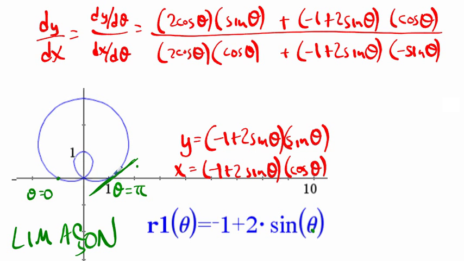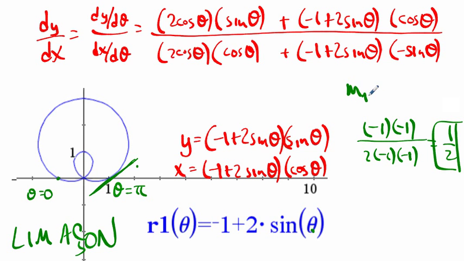So if I want to know the slope at this point, then I take pi and in it goes. Luckily, sine of pi is 0. And so we've got this thing here, that's 0, so -1 times the cosine of pi.